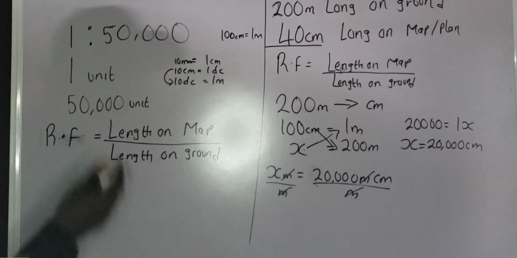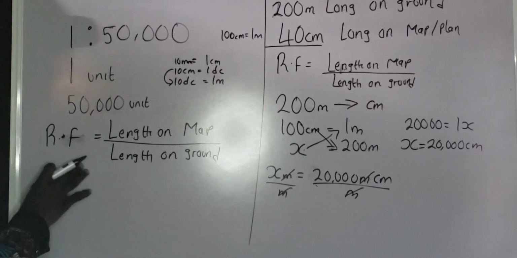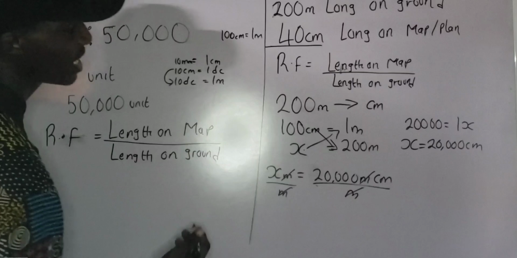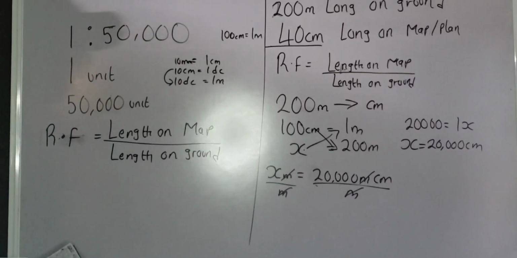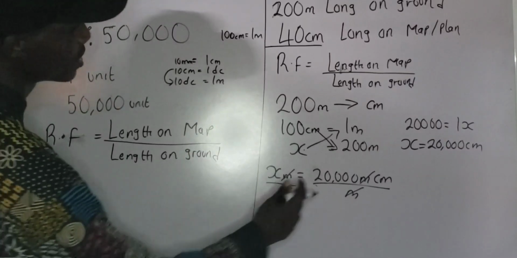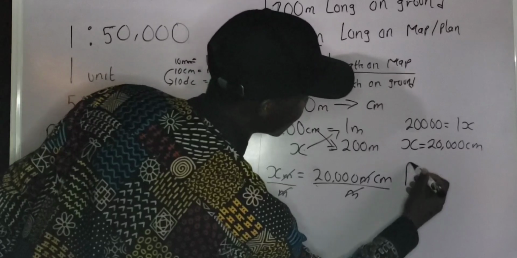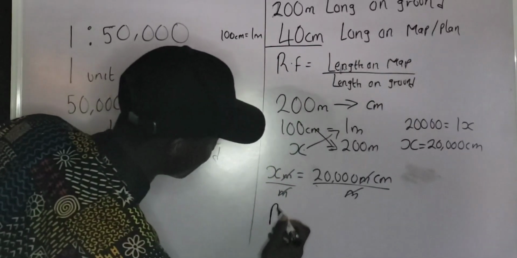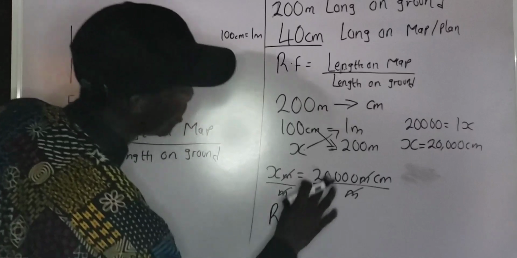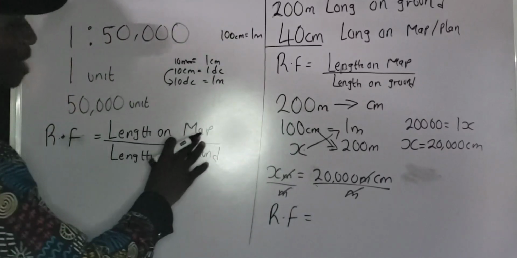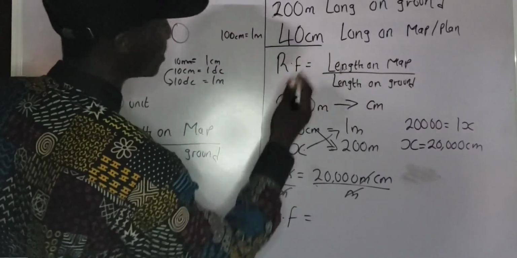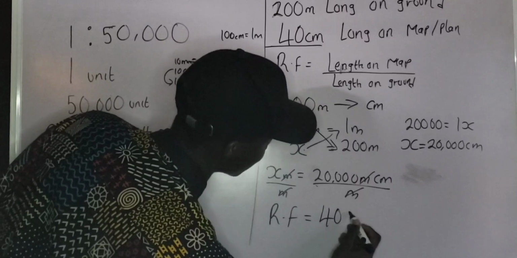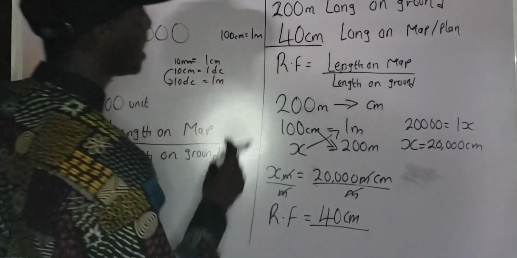So that's it. Now let us proceed with our calculation. The representative fraction is the length on map over the length on ground. Now we have already converted our length on ground to centimeter. The representative fraction, RF, is equals to length on the map over length on the ground. The length on map is 40 centimeter, so I'm going to have 40 centimeter all over the length on ground.